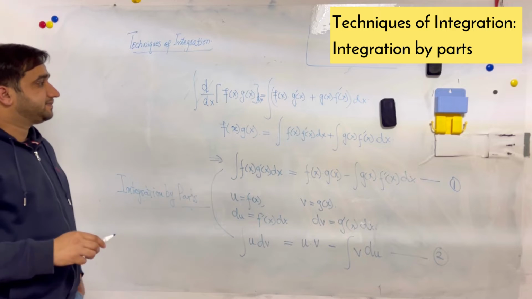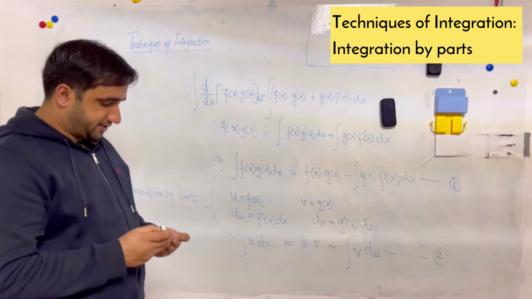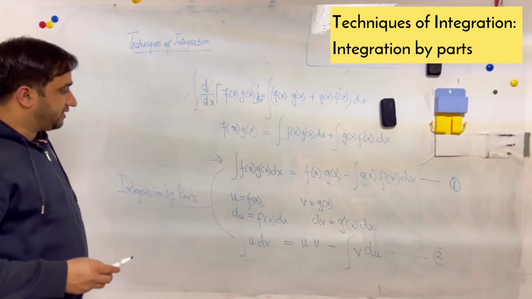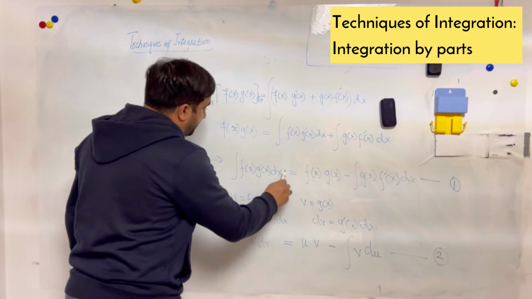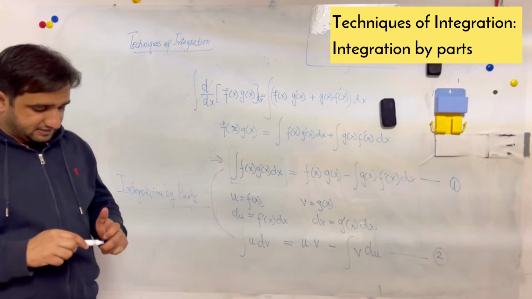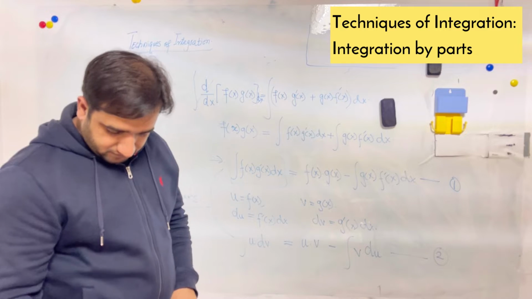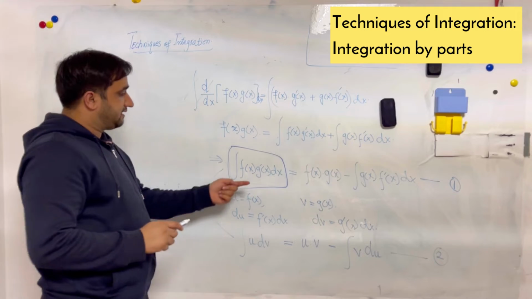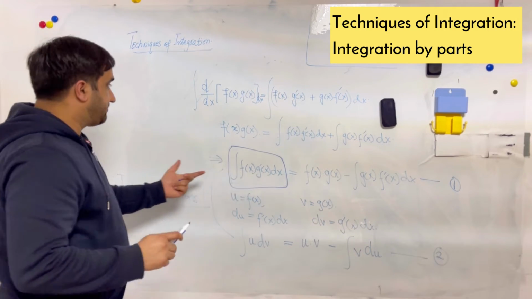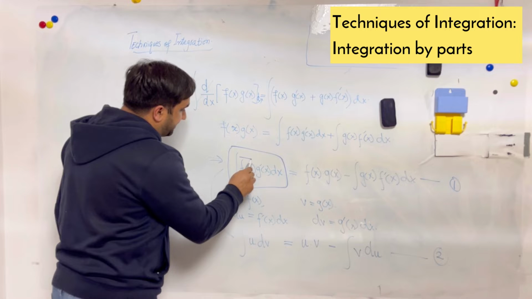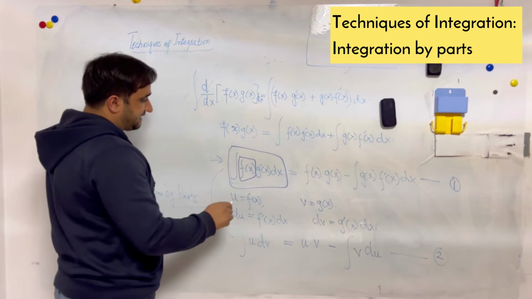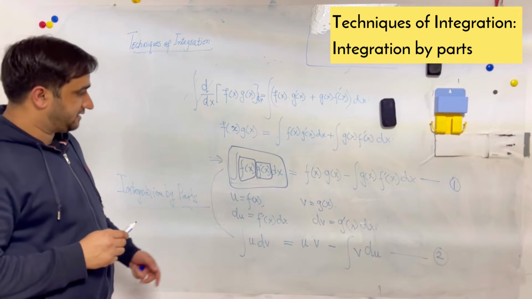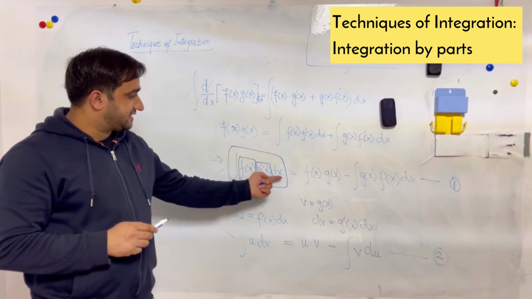So if you have two functions multiplied together, then you can assume one of them as f of x and the other as g dash of x, not g of x, and obviously g dash of x has dx.